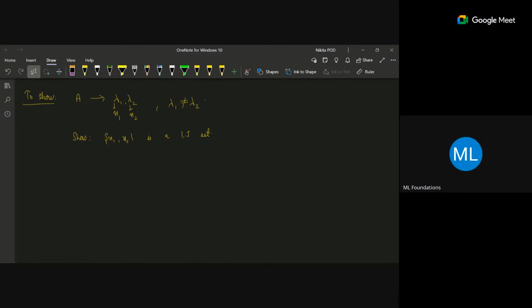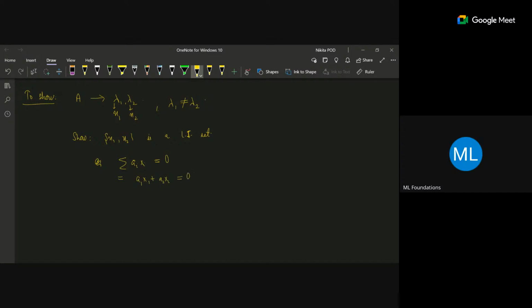So for any linear combination, the sum of ai xi, if this is 0, then all these ai should be 0. This is what we want to prove. So suppose this is 0, then this is just a1 x1 plus a2 x2 equal to 0.